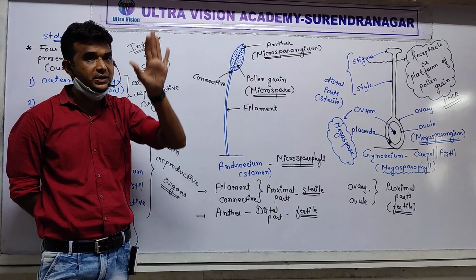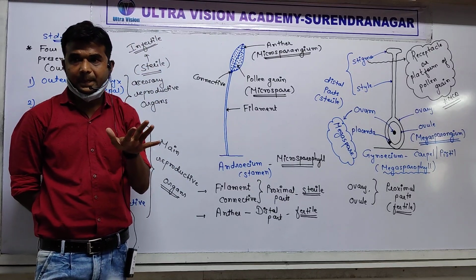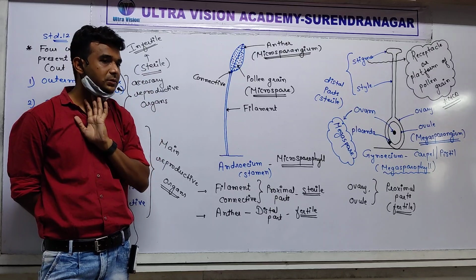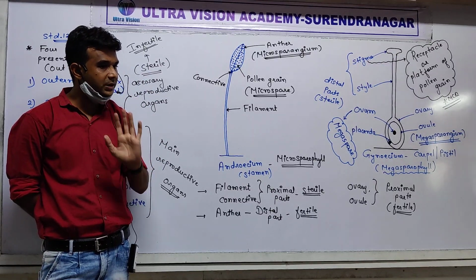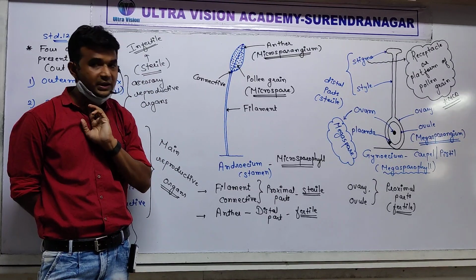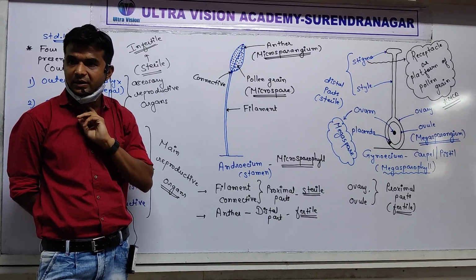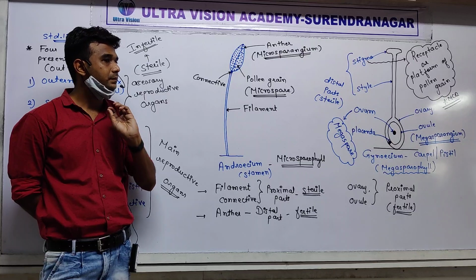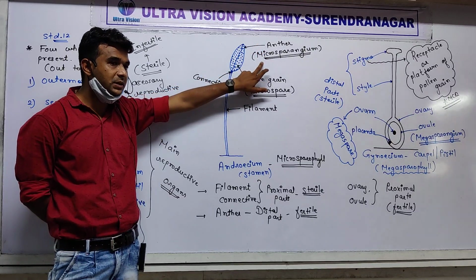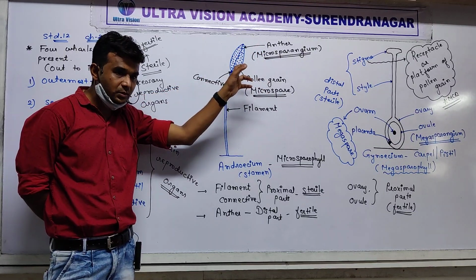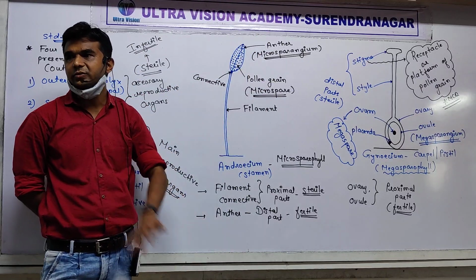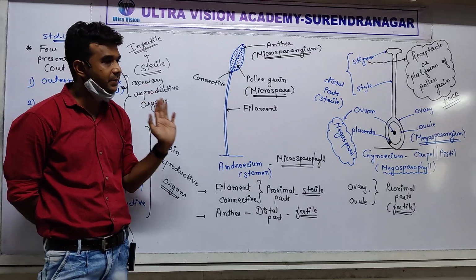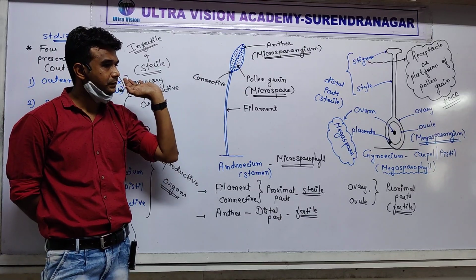So sporangium means the spore is generated and stored. That is known as sporangium. And sporophyll means reproductive organ. And sporangium consists of spores. So micro word is used for male reproductive organ, okay, and mega for female.